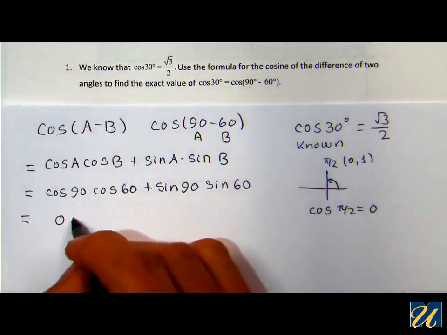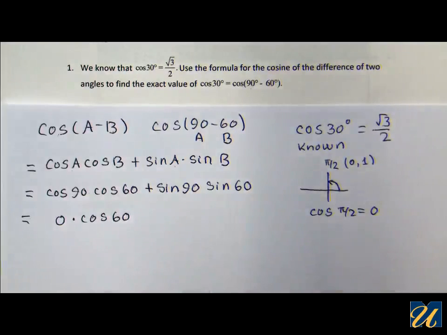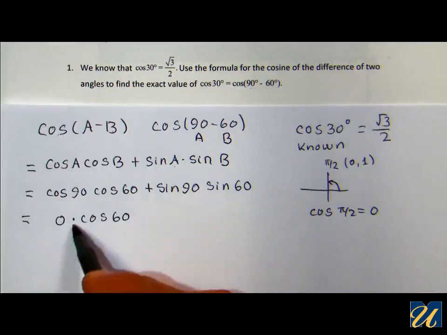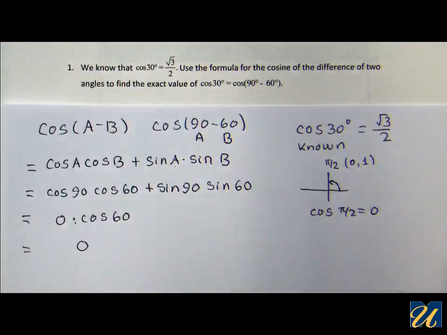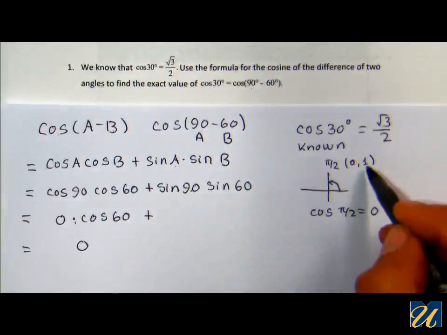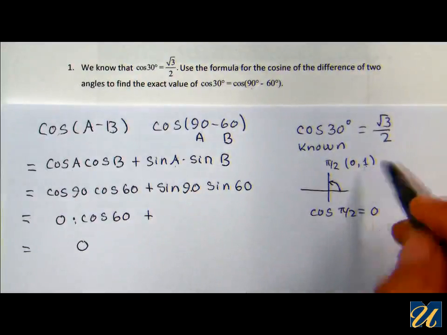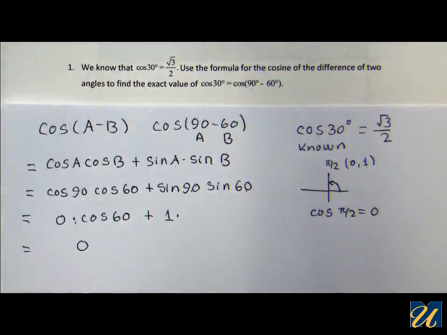So this is 0 multiplied by the cosine of 60. I won't bother to get the cosine of 60 because we're multiplying that by 0, so this result will be 0 in the end, plus the sine of 90, so that's the y-coordinate at pi over 2, that's 1, times the sine of 60. And the sine of 60 is root 3 divided by 2.